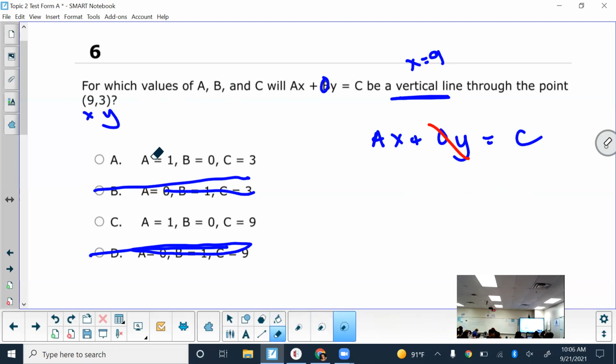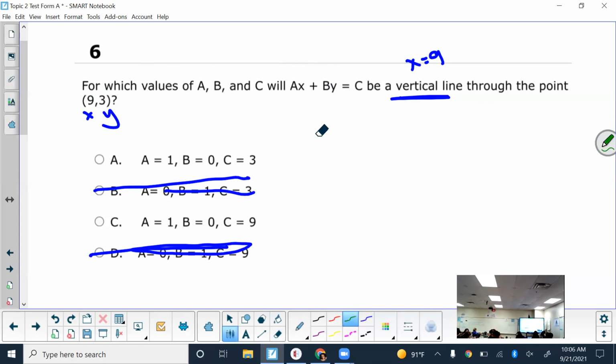All right, so we're choosing between A and C. What I did is I plugged in all the A, B, and C's for the numbers in this equation. And I plugged in my x and y, so the 9 and the 3. And I checked to see which one is true. So A is 1, x is 9, B is 0, y is 3, and C is 3. And then see if it's true. What's 1 times 9?